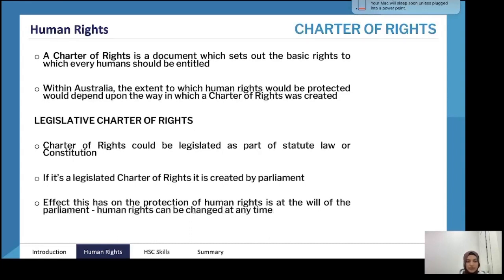So, a legislative Charter of Rights is this idea that it could be legislated as a part of statute law or constitution. If it's a legislated Charter of Rights, it is created by Parliament, right? So, the effect this has on the protection of human rights is at the will of the Parliament. So, human rights can be changed over time, as we know.